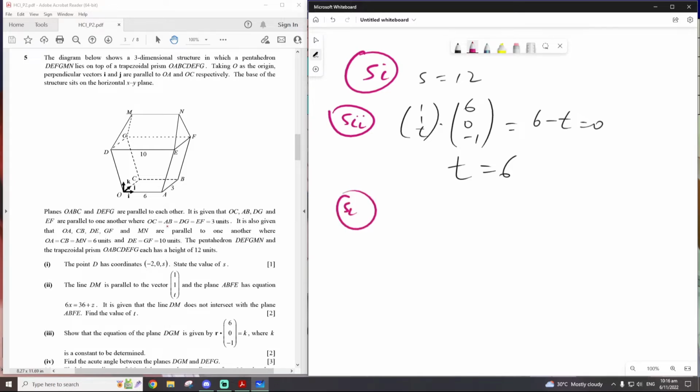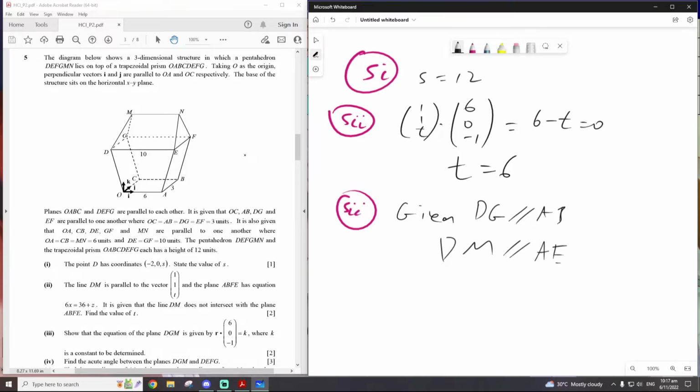Show that the equation of DGM is given by this. Okay, so we need to show that DGM and ABFE are actually parallel planes, and then we can just use the position vector of D to help us out. If you read the question, we are given that DG is parallel to AB, and we are also given that DM is parallel to AE.